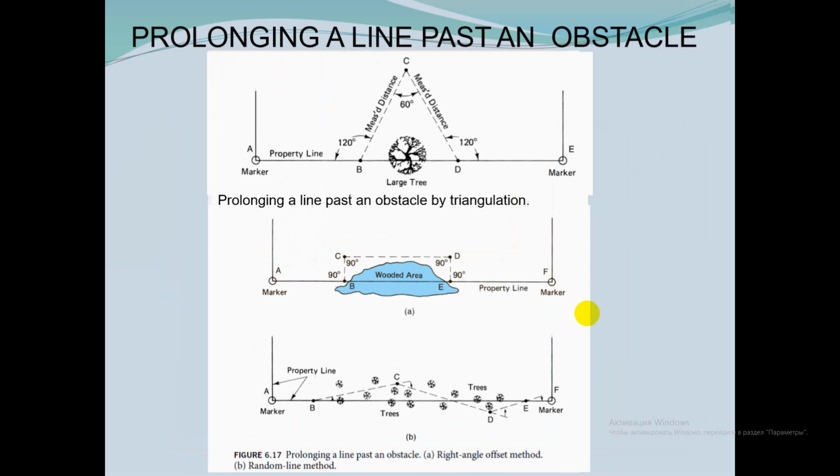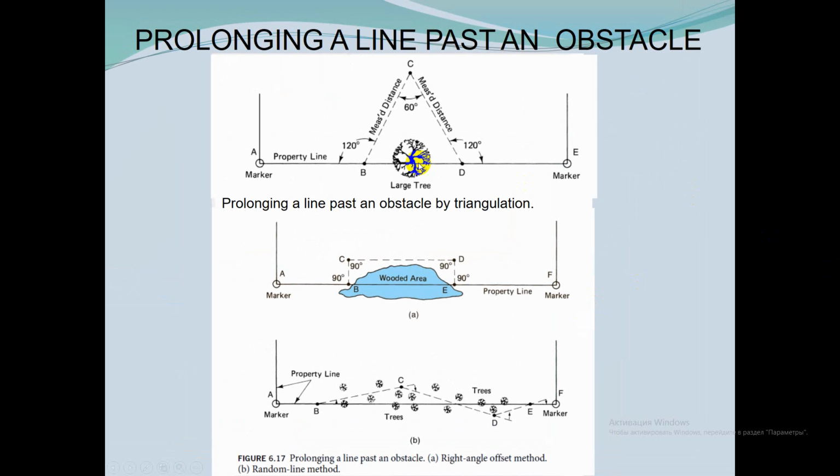In this figure, the line must be prolonged past an obstacle, a large tree. In this case, a triangle is constructed with the three angles and two distances measured.